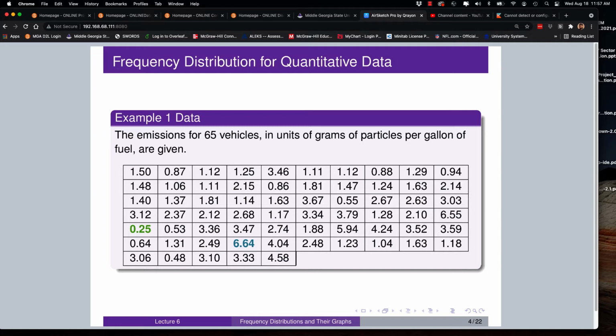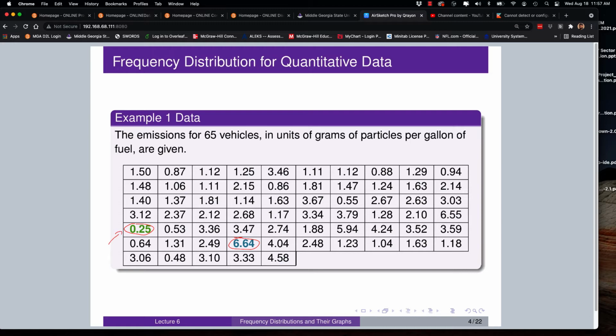But there are ways to shorthand that too. So we'll see that when I'm in the graphs later. But notice here I highlighted the minimum. So this range here is from 0.25 to 6.64. All right. So you could build a histogram in a variety of different ways, but knowing that min and that max are helpful.